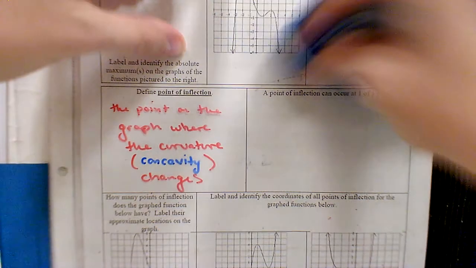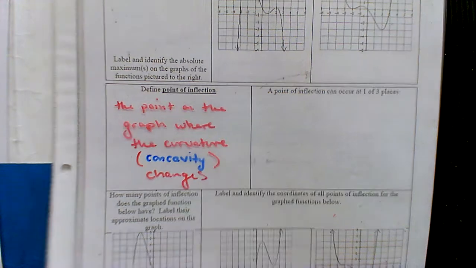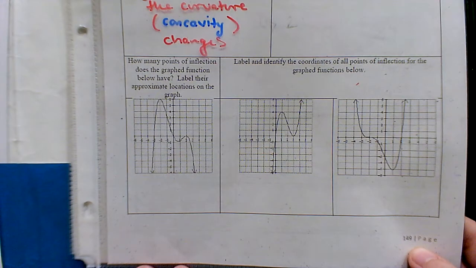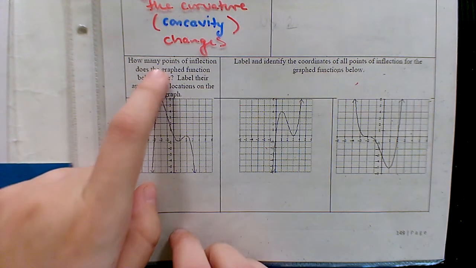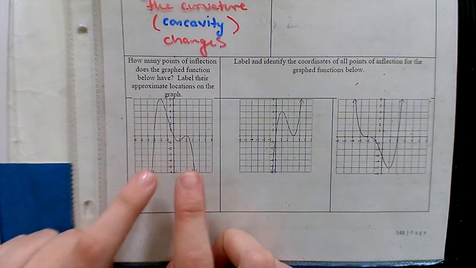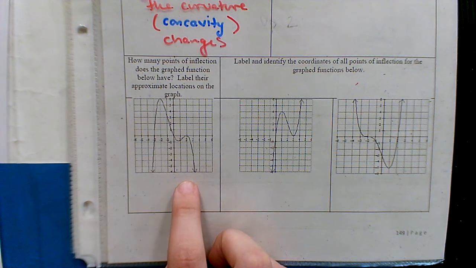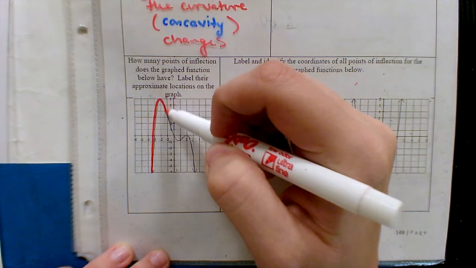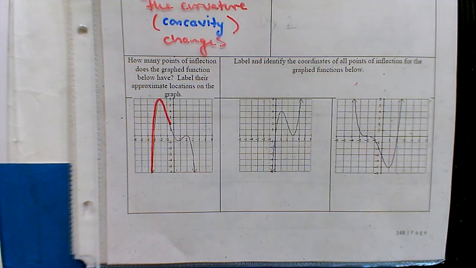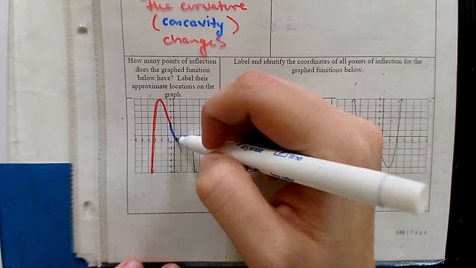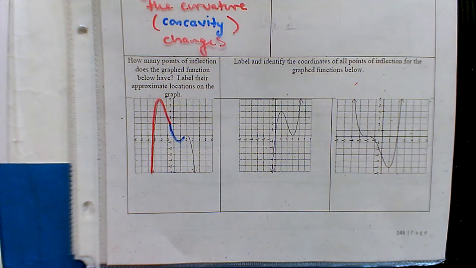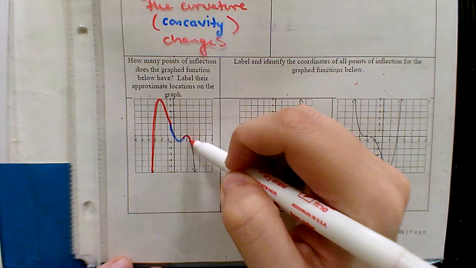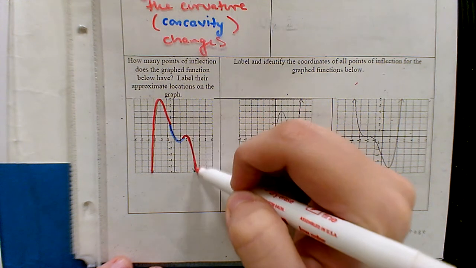Alright, so what we're going to do in the little box below that, it's basically the same graph as above, we're going to go ahead and identify how many points of inflection this graph has. So if you were to start to trace it, notice how it's initially kind of an upside down parabola, and at some point it's going to change to a regular parabola type shape, like a regular looking U, and then at some point again it's going to change, and notice how it kind of looks like an upside down parabola.